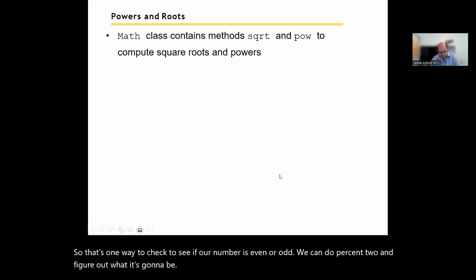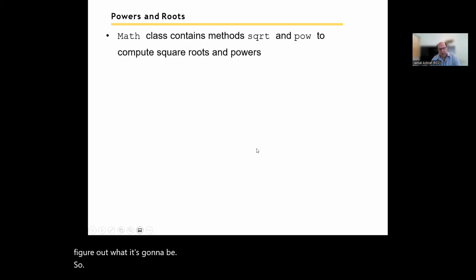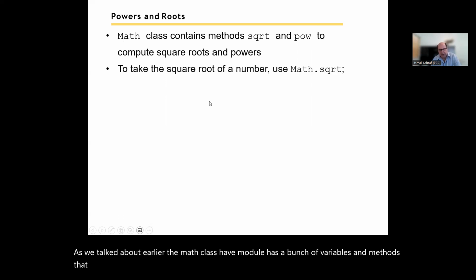So, as we talked about earlier, the Math class module has a bunch of variables and methods that are defined as public static. So we can call them without creating an object or input. I can call Math.sqrt, which brings the square root method from Math.